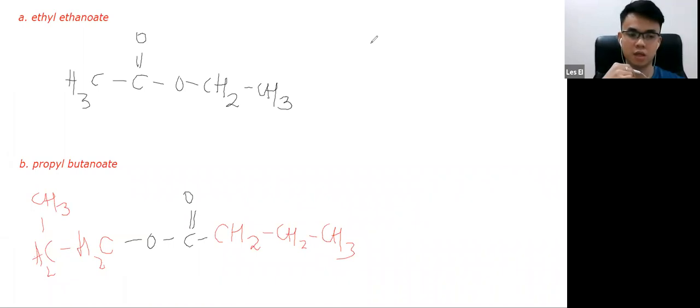Alcohol has 3C, another one has 4C for the carboxylic acid.